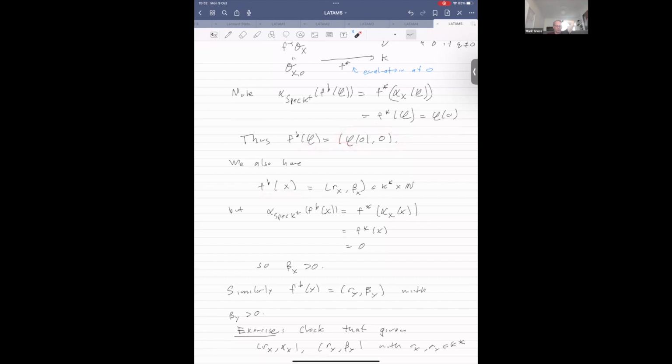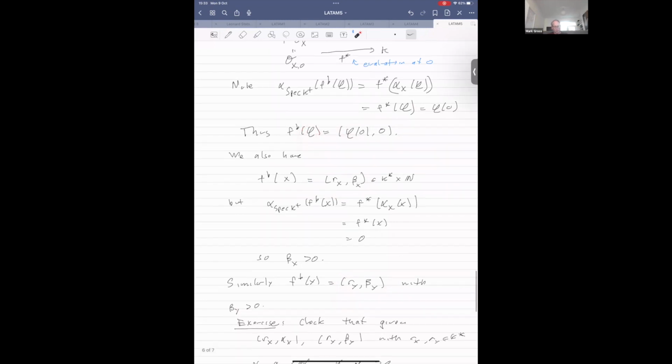F flat of x is given by this data that we've chosen, and f flat of y is given by that data. Together, that completely determines f flat because it's a monad homomorphism, and x, y, and these invertible elements phi generate the monad.